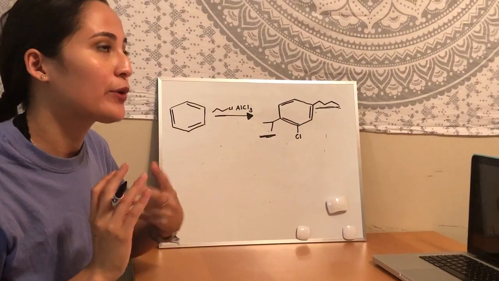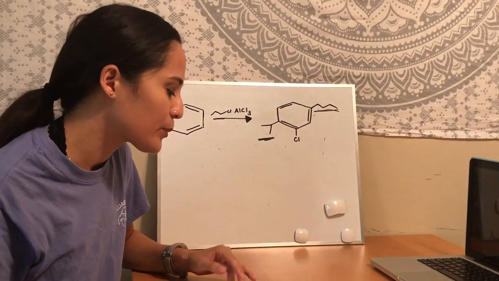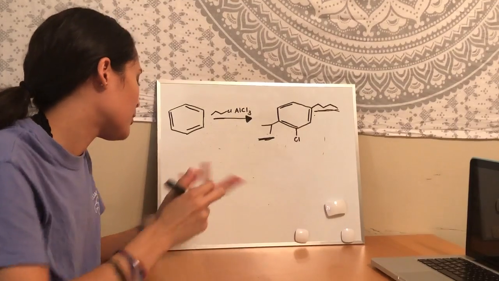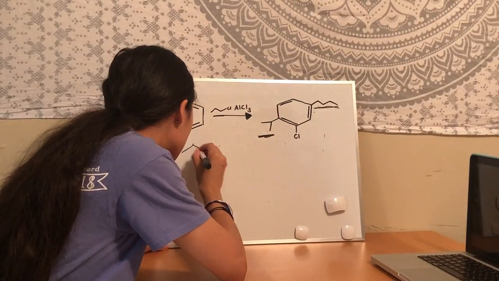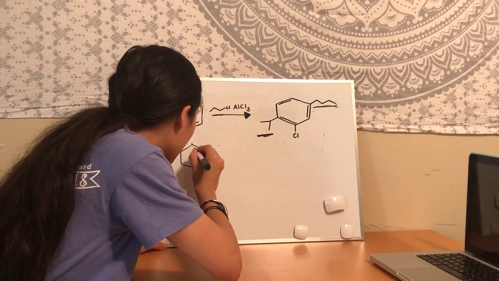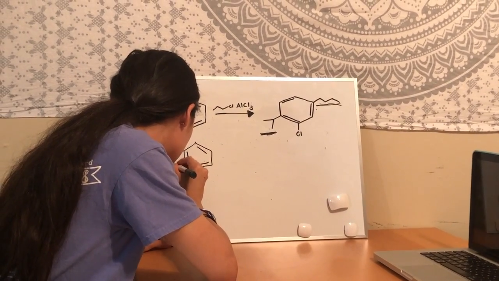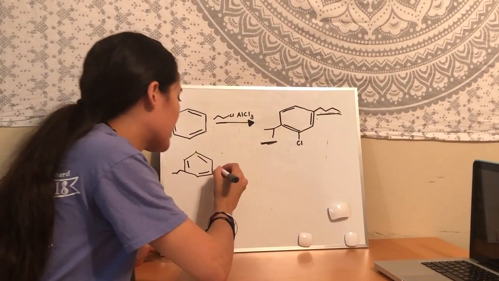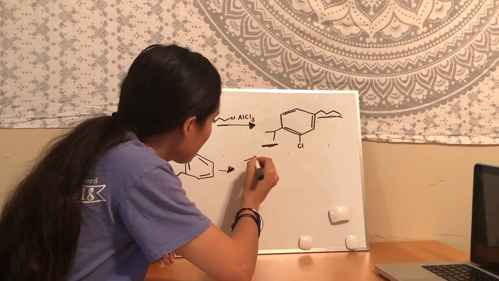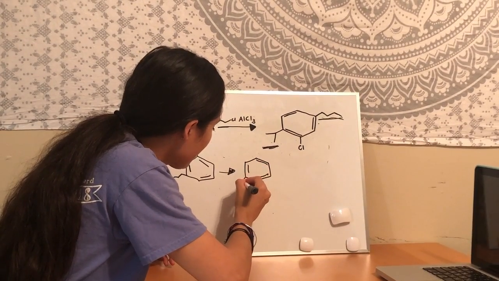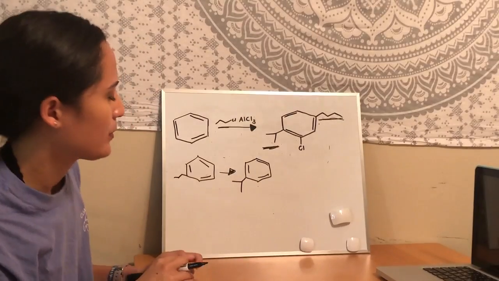And with Friedel-Crafts alkylation, you typically will receive the rearranged product. So instead of what you would think you would get, which is this, it will be rearranged to be the more stable one, which is this isopropyl group.